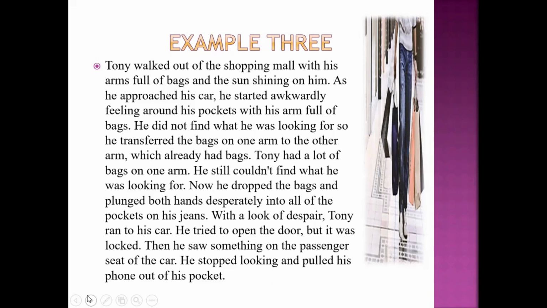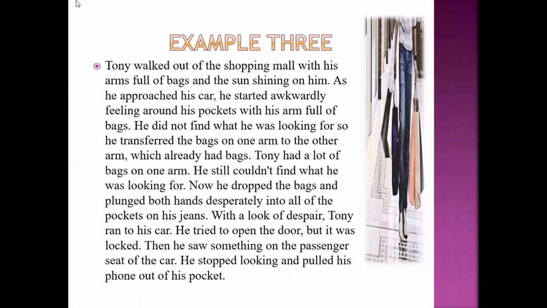With a look of despair, Tony ran to his car. He tried to open the door, but it was locked. Then he saw something on the passenger seat of the car. He stopped looking and pulled out his phone from his pocket.